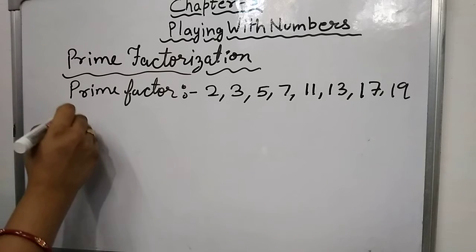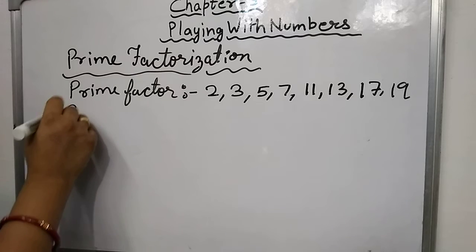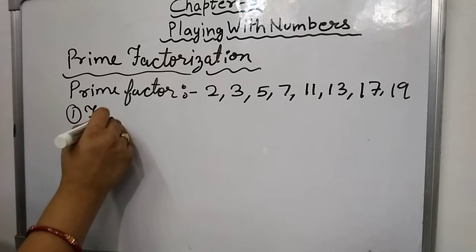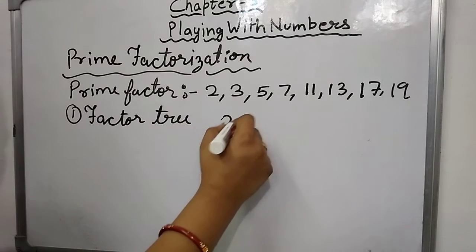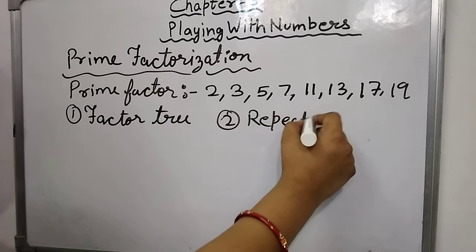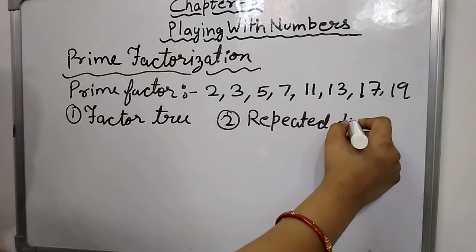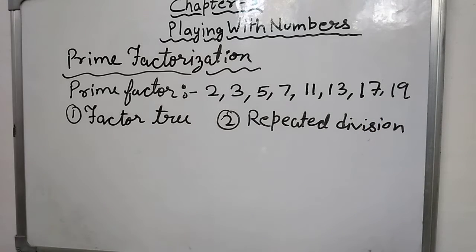Now we have two methods. One is the factor tree method and number two is the repeated division method for prime factorization.